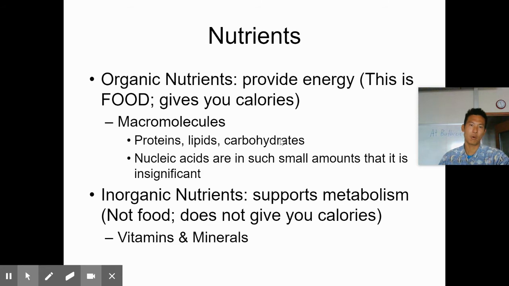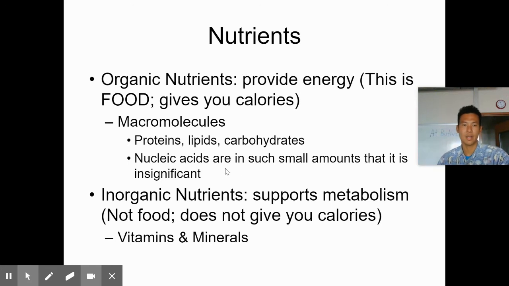Now the fourth macromolecule that makes up life does not give you energy. It is considered a macromolecule, but it doesn't give you energy because it's in such small amounts, and it is very hard for us to break down.